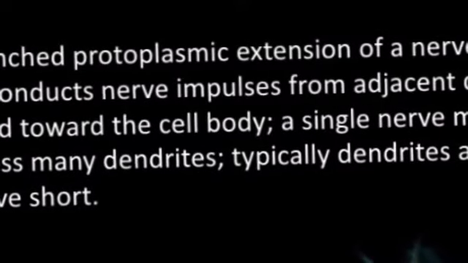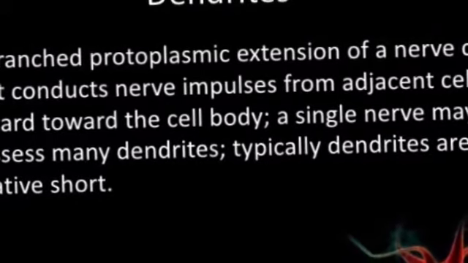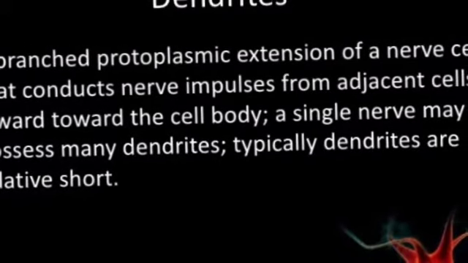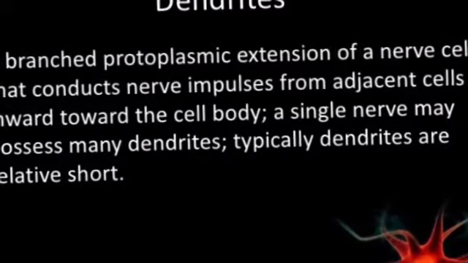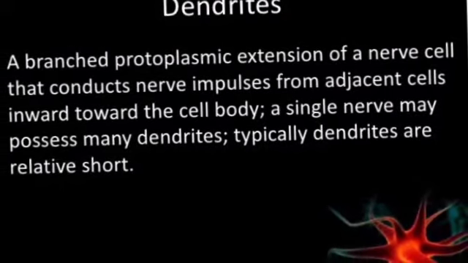Dendrites are the branched protoplasmic extensions of a nerve cell that conduct nerve impulses from adjacent cells towards the cell body. There are many dendrites in a single nerve cell. Dendrites are also called afferent processes since they carry impulses towards the cell body.